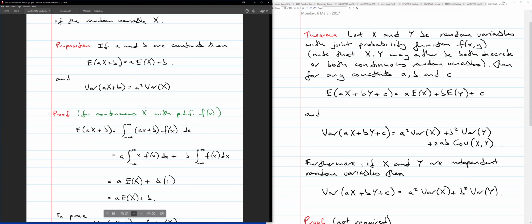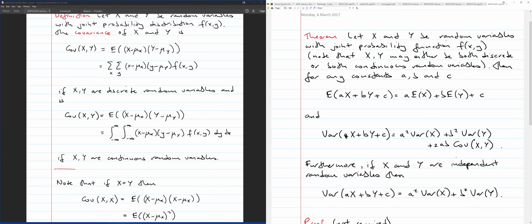Then for the random variable ax plus by plus c, we'd consider the variance of it. The variance is a squared variance of x plus b squared variance of y plus 2ab covariance of x and y.